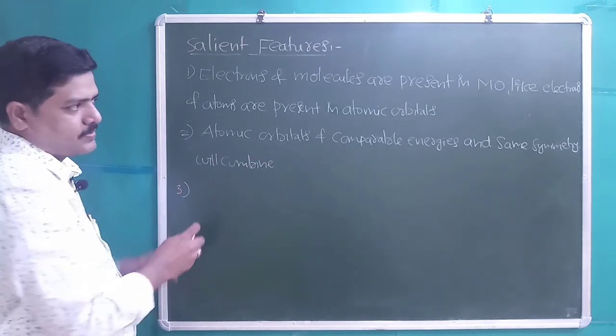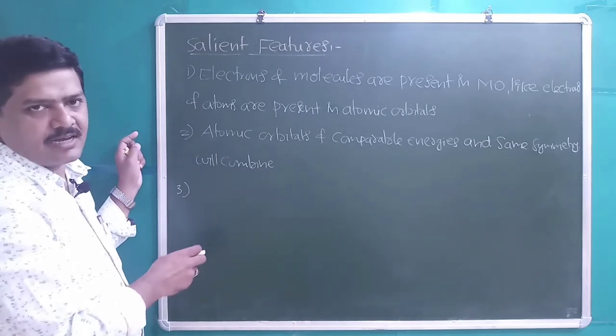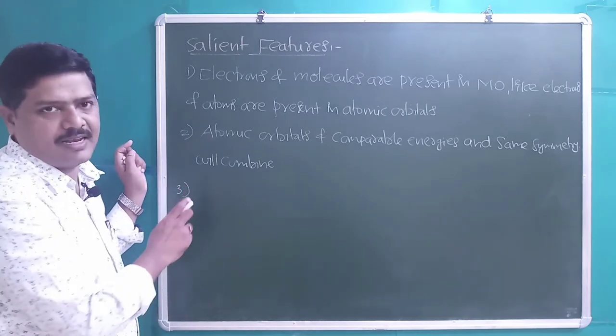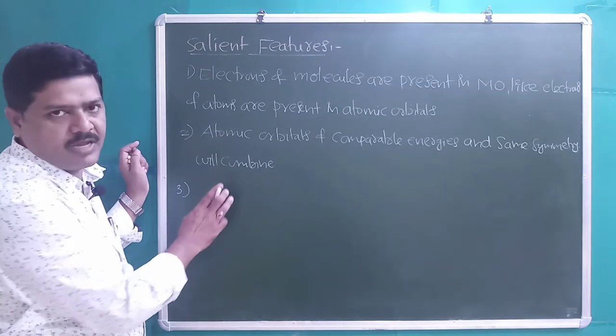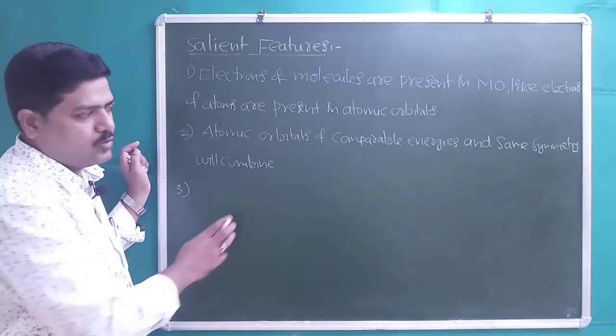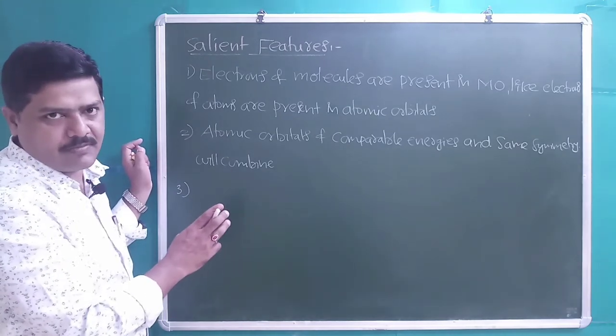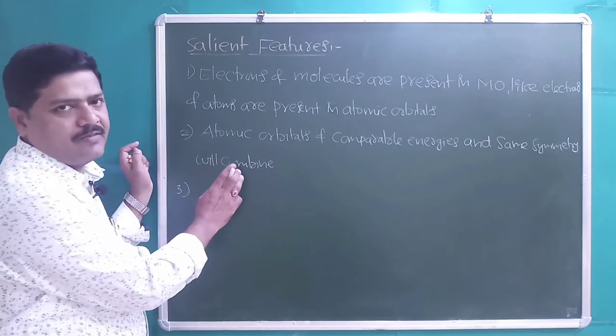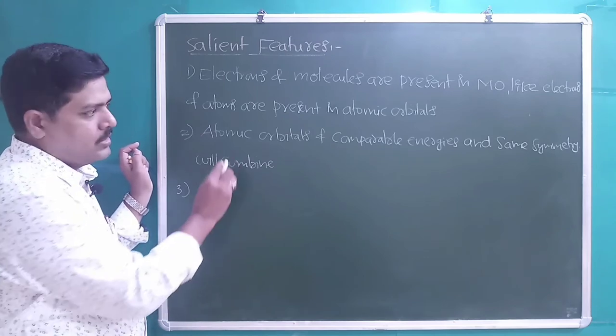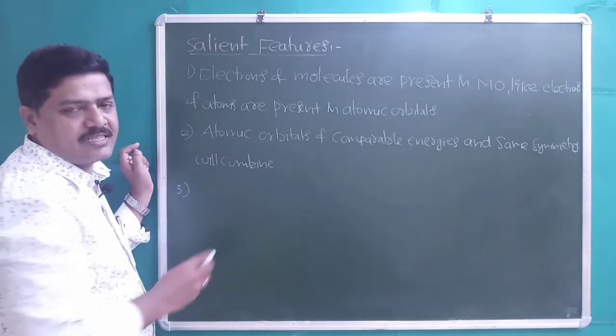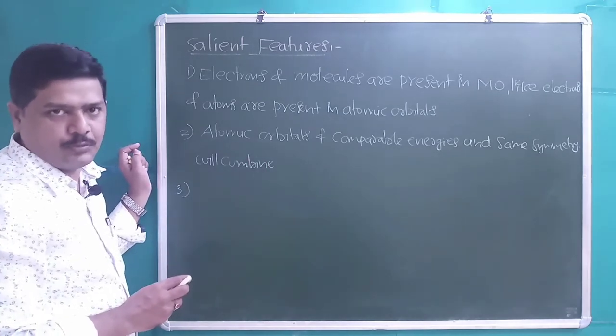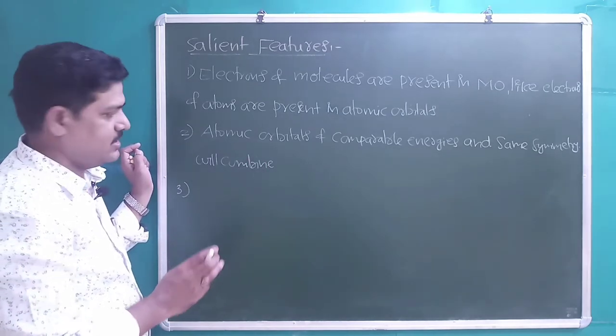That means a 1s orbital will combine with a 1s orbital; 1s will not combine with a 2s orbital. 2s will combine with a 2s orbital, but 2s will not combine with 2pz. A 2px orbital will combine with a 2px orbital only.